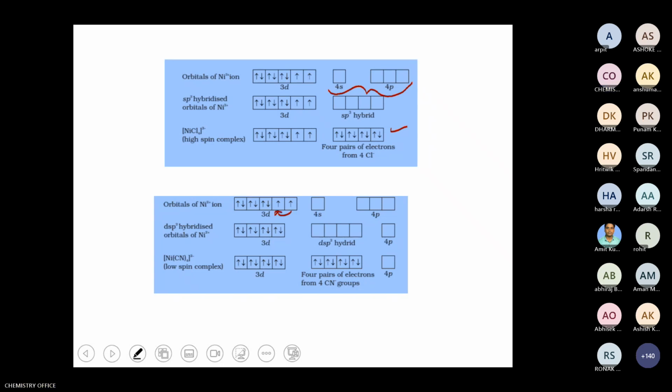There is one vacancy, which is now taken by the rest, forming dsp2 hybridization, and there are 4 vacant orbitals where 4 lone pairs of electrons can enter from the 4 cyanide groups. So there are no unpaired electrons in the second case, but here there are 2 unpaired electrons. So the first is a high spin complex and the second is a low spin complex.